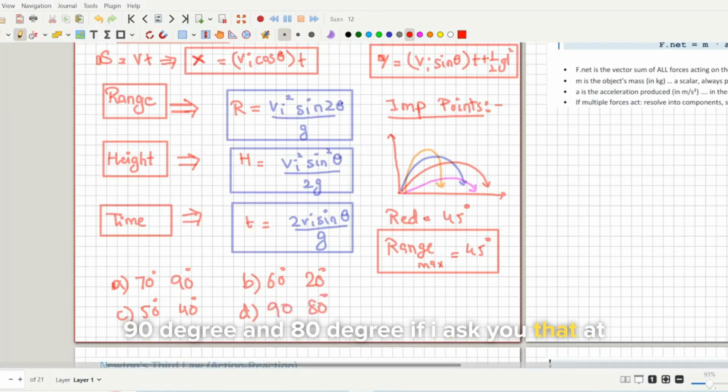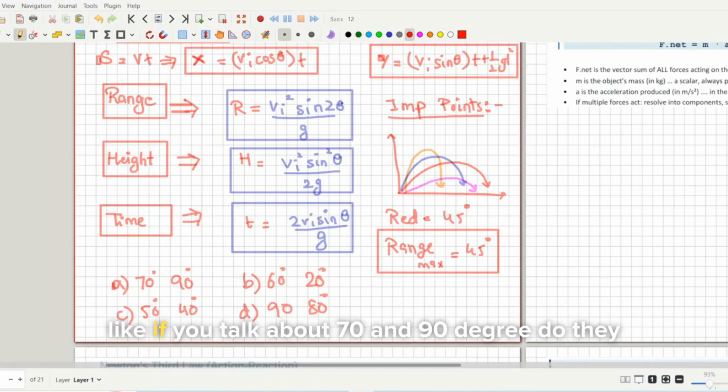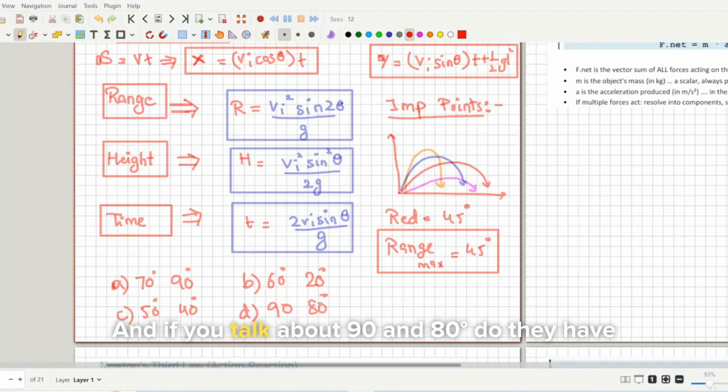If I ask you at which of these angle pairs the range is the same, like if you talk about 70 and 90-degree, do they have the same range? If you talk about 60 and 20, do they have the same range? And if you talk about 40 and 50-degree, do they have the same range? And if you talk about 90 and 80-degree, do they have the same range? That is the question that you have to ask yourself.